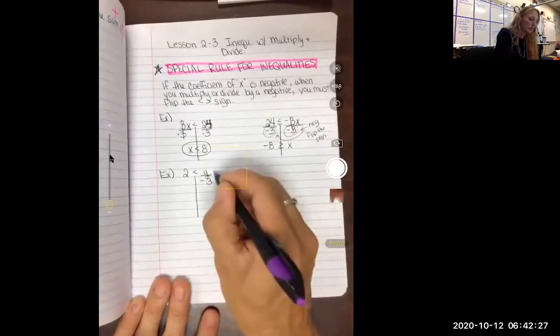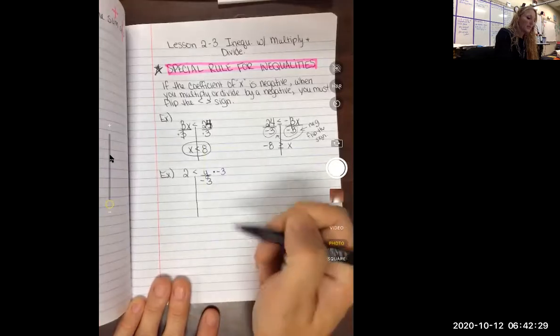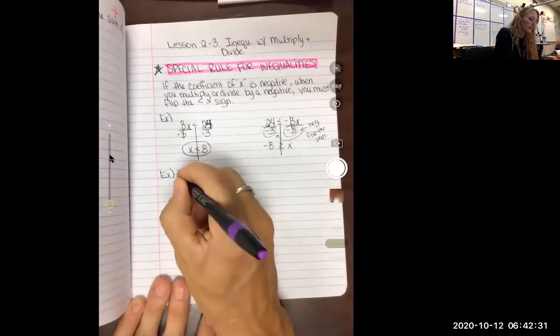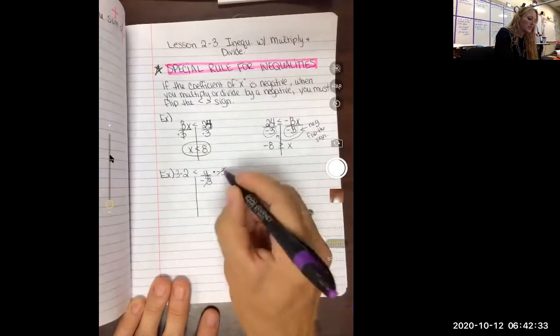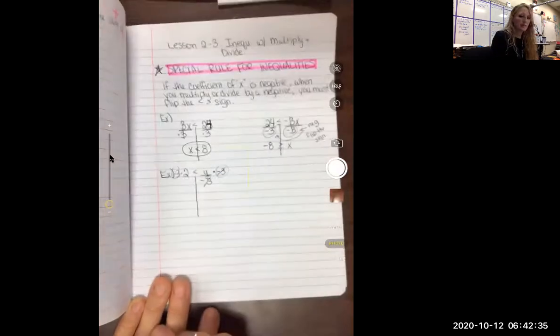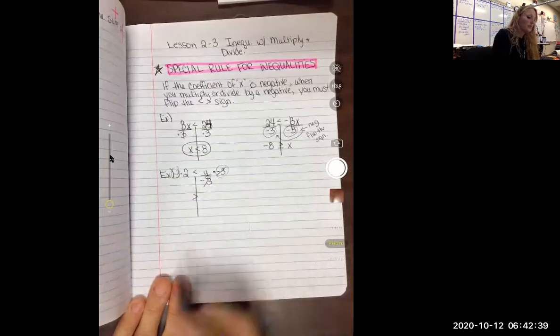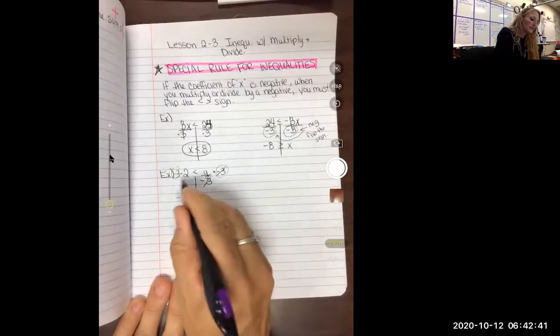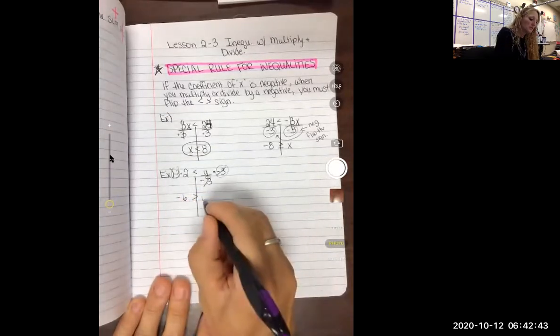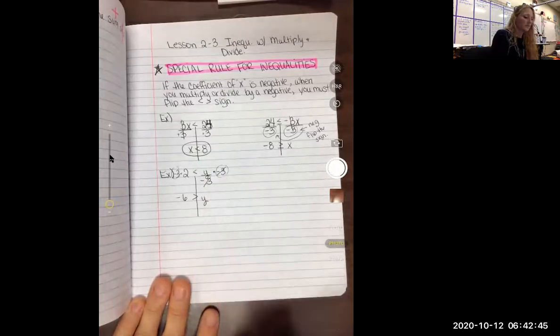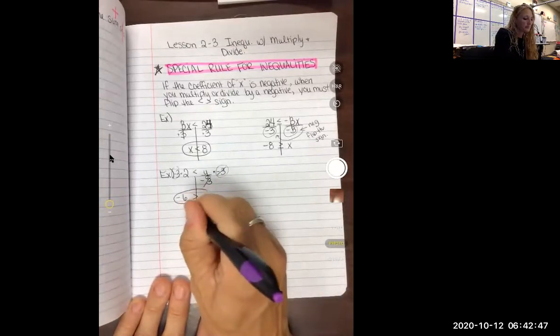Therefore, we need to multiply by negative 3. And whatever we do to one side, we have to do to the other side. Now, because what we did to both sides is negative, we then have to flip the sign. So therefore, negative 3 times 2 is negative 6, and y because that becomes 1. And we're done.